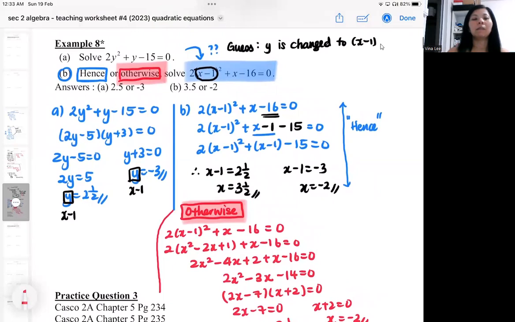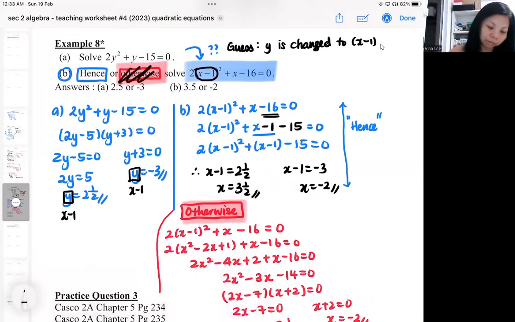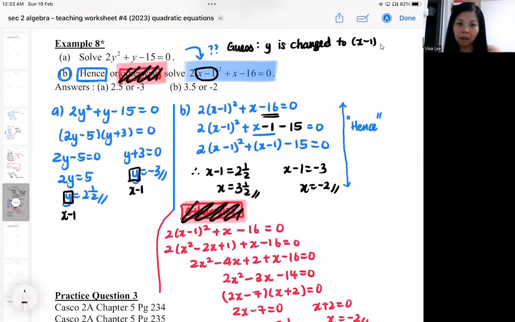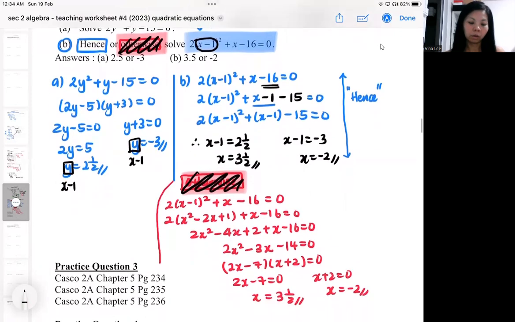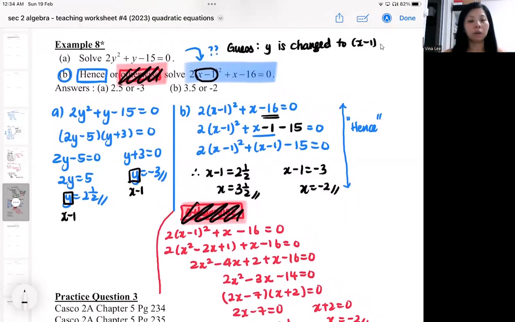If the instruction has hence or otherwise, both methods are okay. If we do not have otherwise, then this method is not applicable. That means if you do it by otherwise when there's only a hence, you get no marks even if your answer is totally correct, because you are not doing it by the method they want. So this is one of the very, very challenging ones. You will also see similar questions in the book.